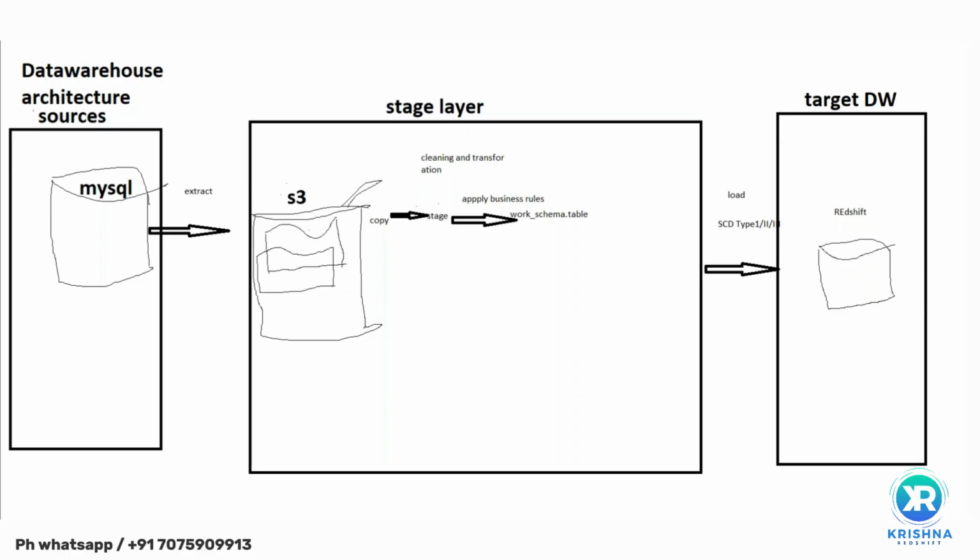Finally, what is our goal? We want to generate reports using Tableau or Microsoft Power BI. But for that we are loading S3 files into stage, then inserting into work, creating SCDs, inserting into Redshift, and then Redshift is connected to BI tools.